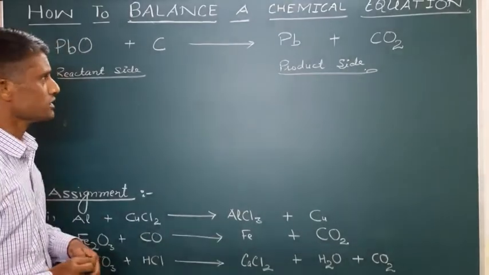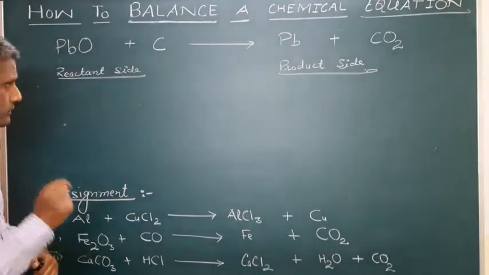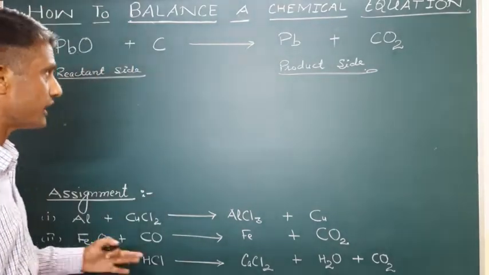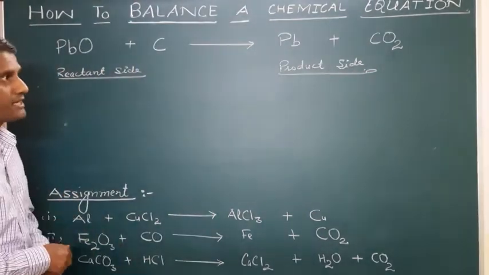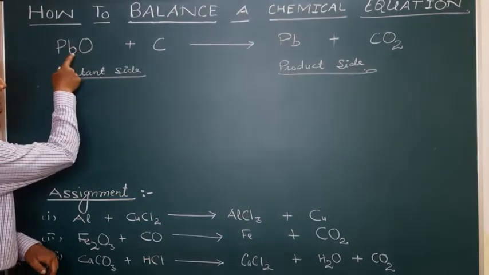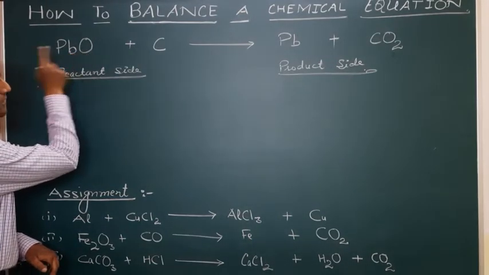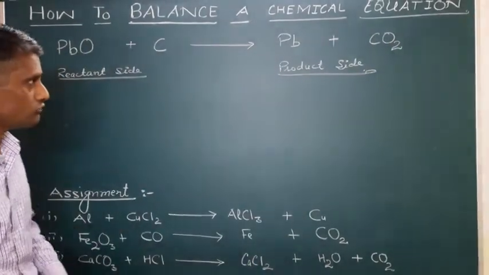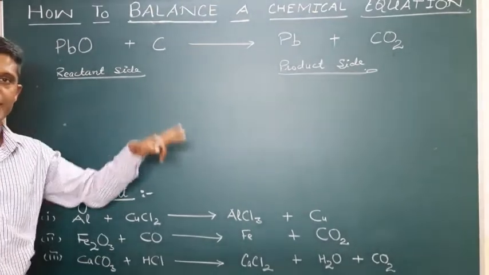First, one needs to see whether it is balanced or not. Remember, it is not a balanced chemical equation, because here oxygen has one atom and there oxygen has two atoms. Straight away you can figure out whether this chemical equation requires balancing or not.